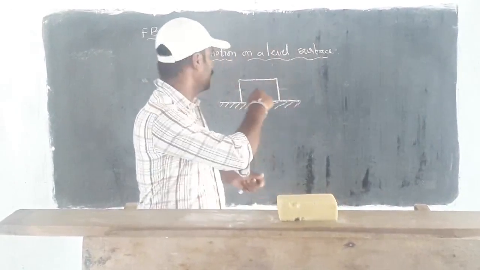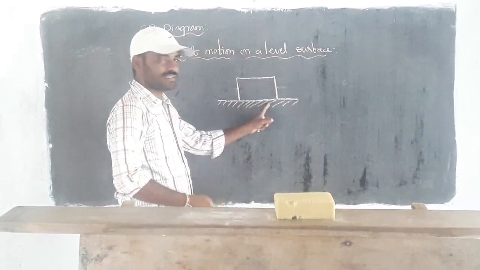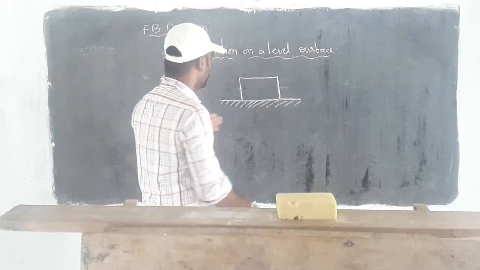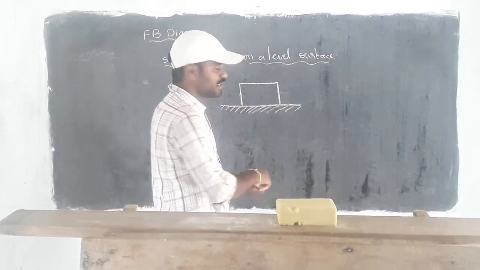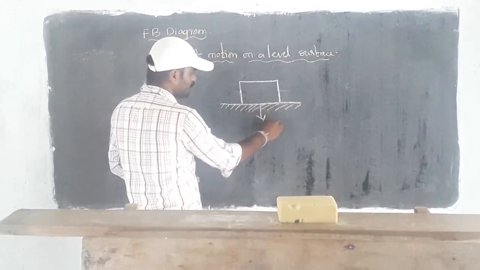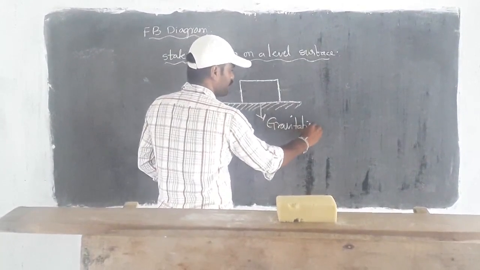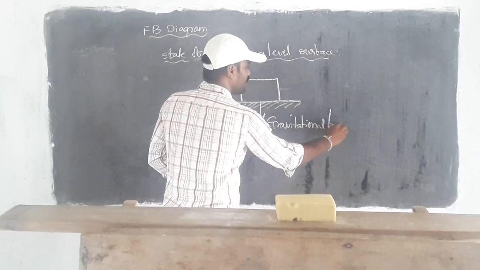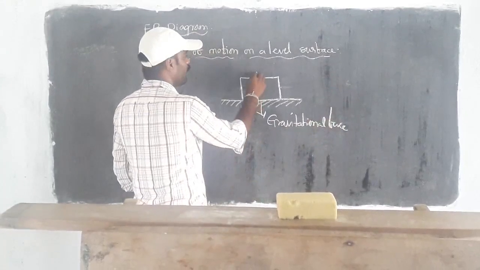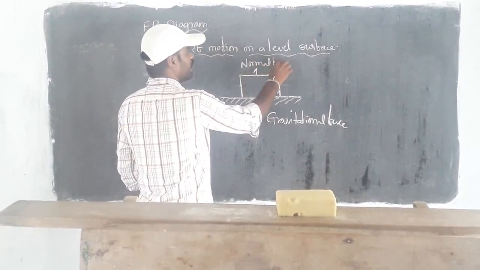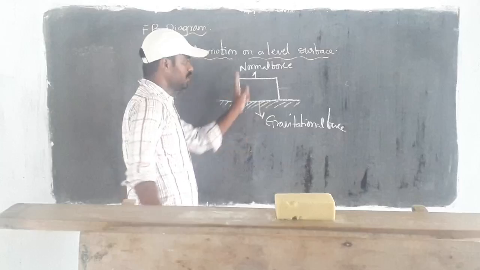So this is the surface, then on that we place one object, and it is moving, same as previous. In the downward direction, we can see gravitational force. This is the first one. In the upward direction, we can see normal force. It is common: whether it is a state of rest or state of motion, these two are common.